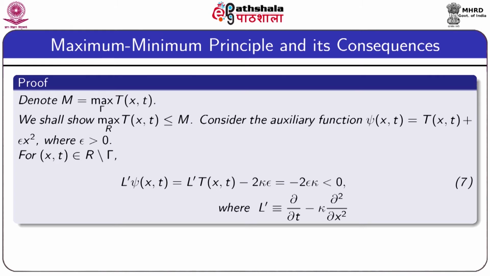So, L dash psi becomes minus 2 epsilon kappa. Since kappa and epsilon are greater than 0, it becomes a negative number, which is given by equation number 7.